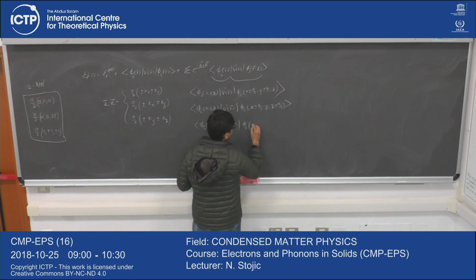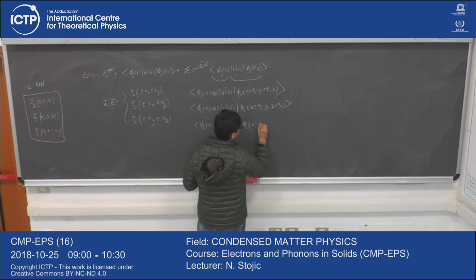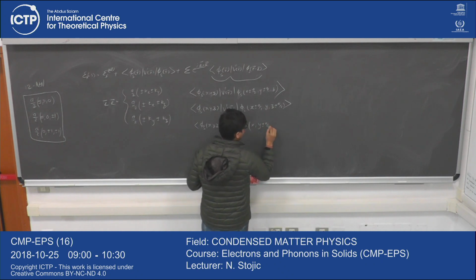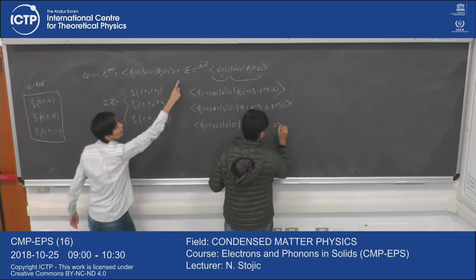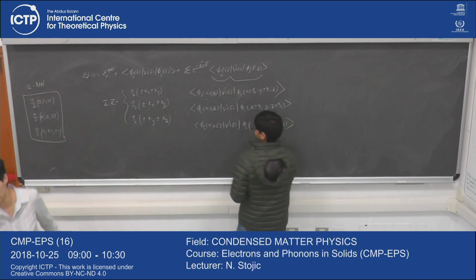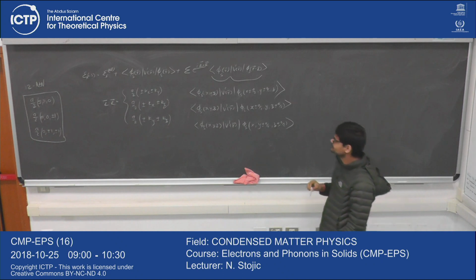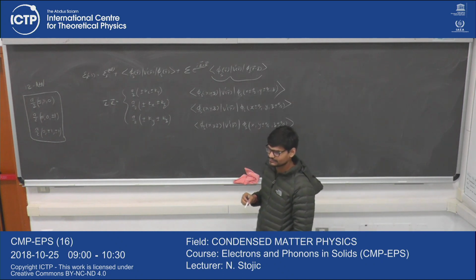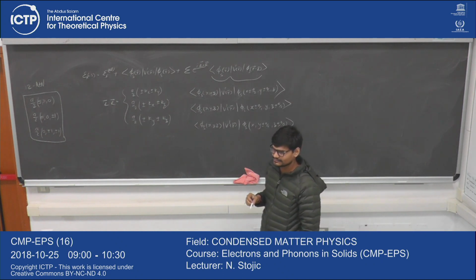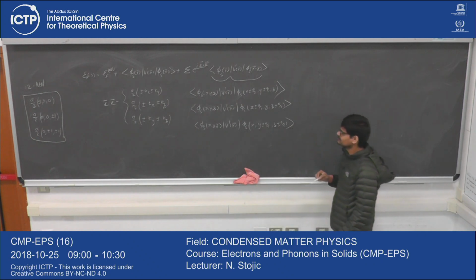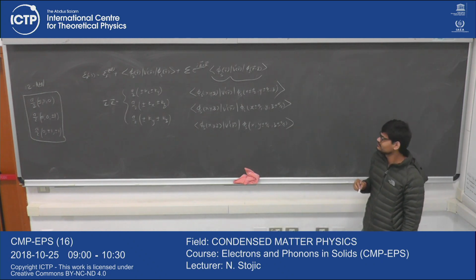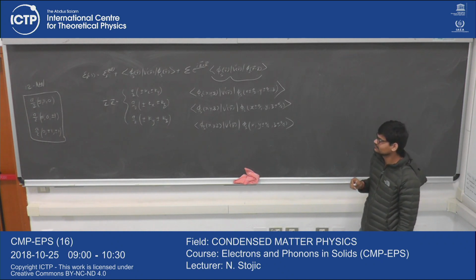It is the sum over the first neighbors, with the phase factor and the hopping integral determined. All you have to find is the vectors of the first neighbors and evaluate the phase factor, e to the i k r.